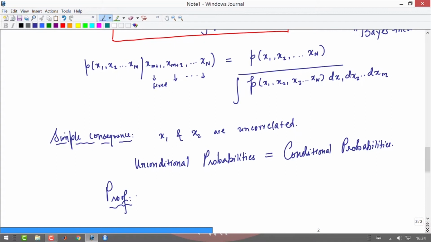Bayes theorem for just two variables would be the relationship between conditional probability and the unconditional probability.